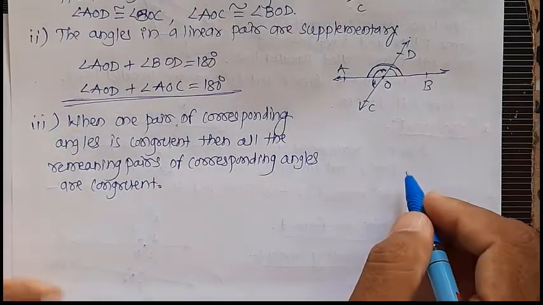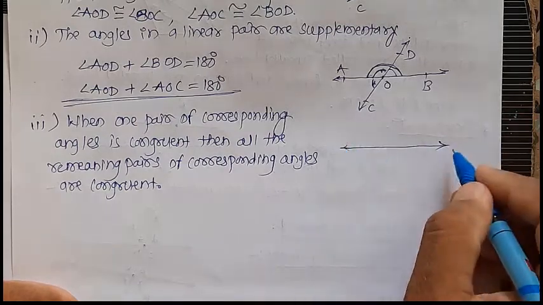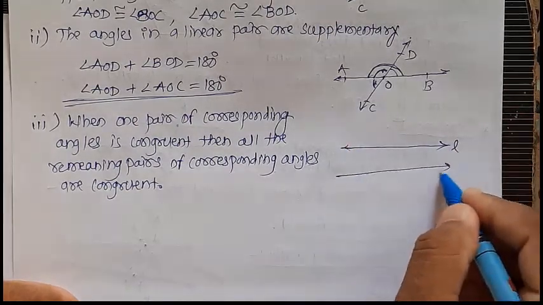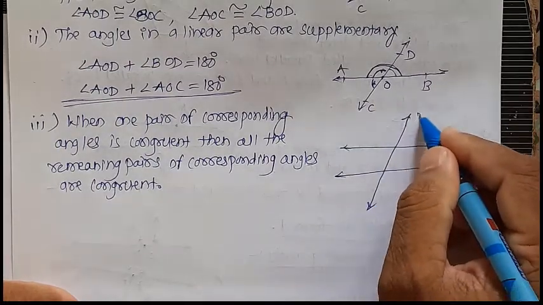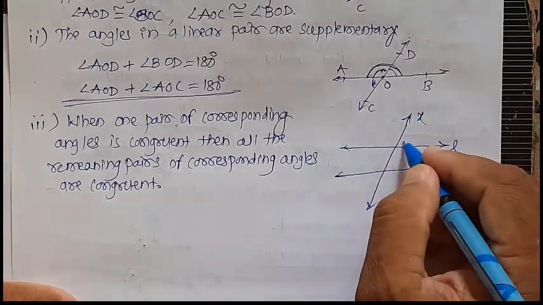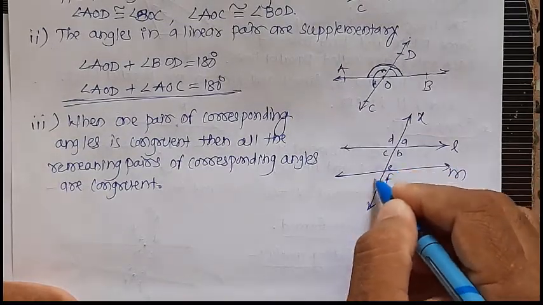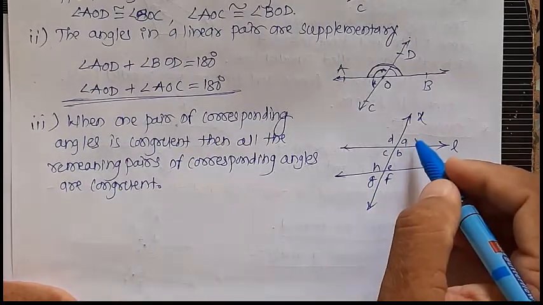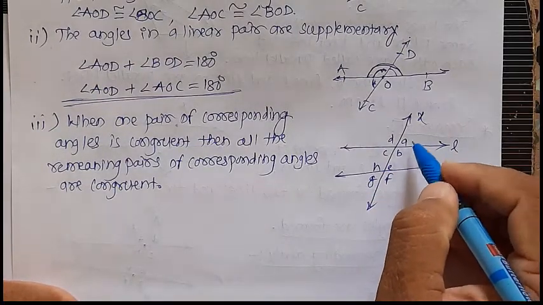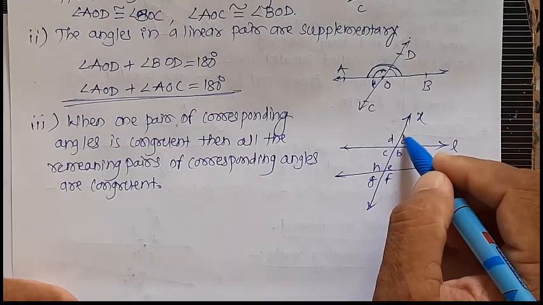For that we have to draw a figure again. This is line L, line M, and this is a transversal line X, suppose. We label the angles A, B, C, D and E, F, G, H. There are four pairs of corresponding angles.